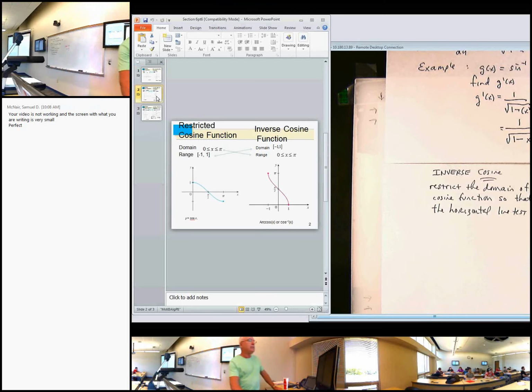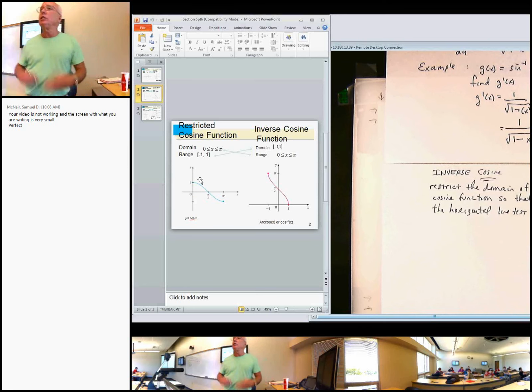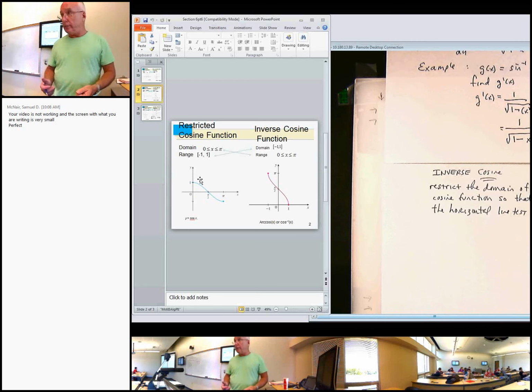For the cosine function, its restriction is x from 0 to pi, which is the 180 degrees. And the range is from -1 to 1. So here's our little segment of the cosine function that is restricted and passes the horizontal line test.